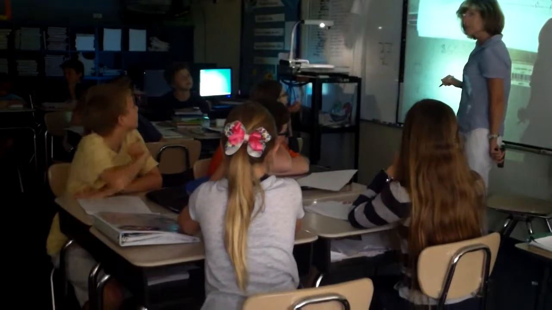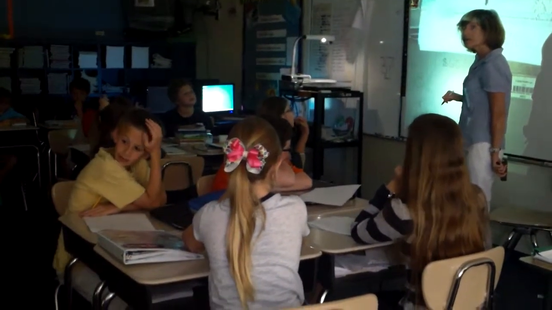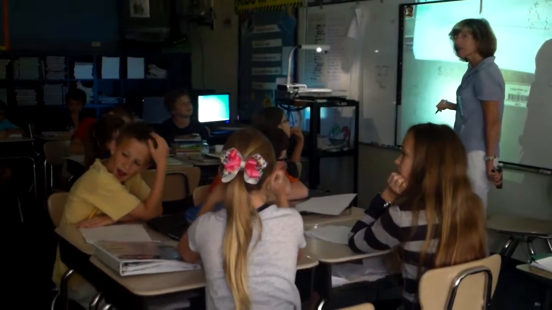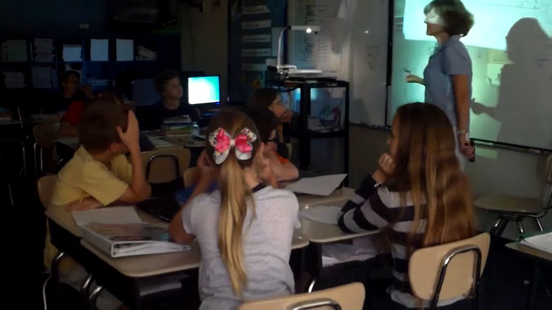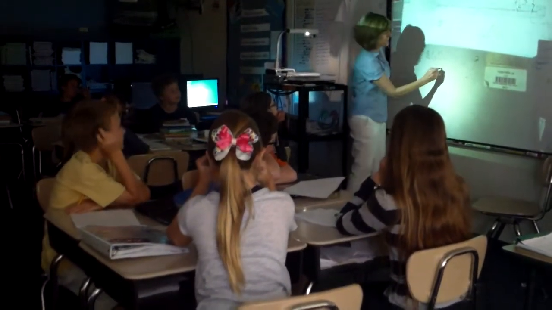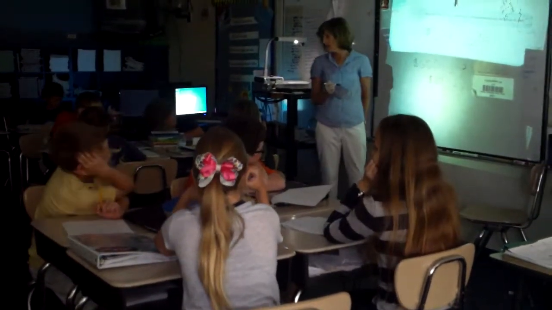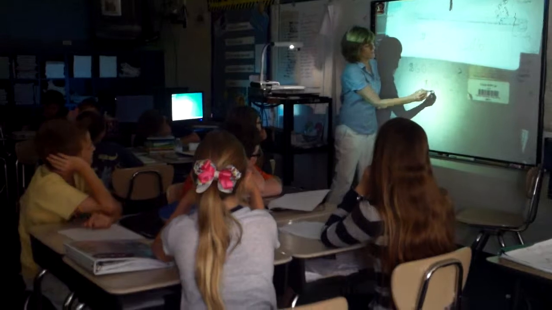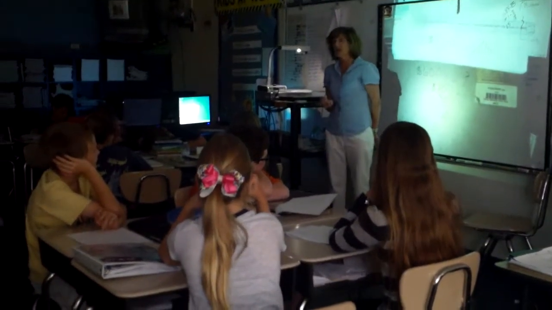How did you know 10% times 800 was $80? Because 10 times 80 is 800. Excellent. So you figured it out. So 10% of $800 is $80. So 20% would be 80 plus 80, or $160.